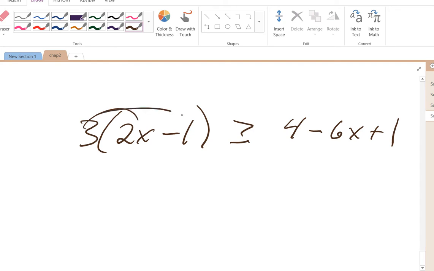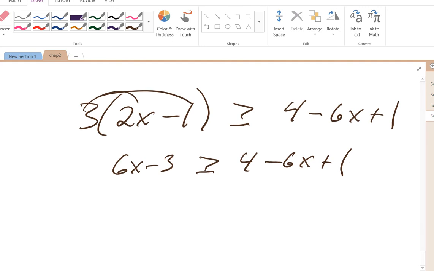Let's distribute this 3 inside here. So we have that. Now what would we do? Oh, here, I want to make this a negative. Let's just make this a plus. That'd be an easy thing. So now what should we do?